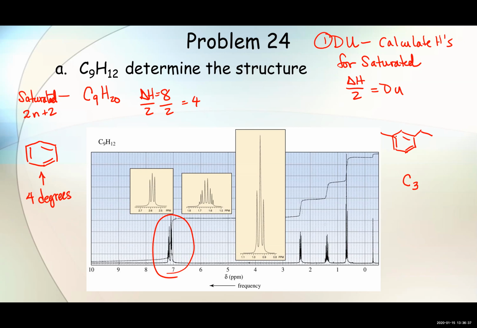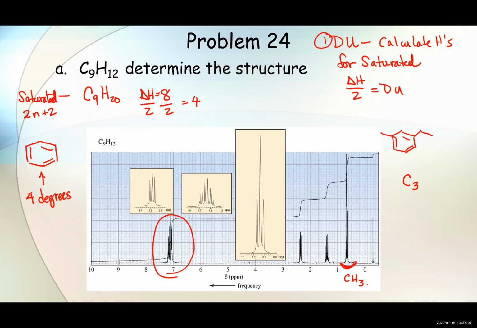So what do we think this one is? Well, isn't that one a doublet? Actually, that one's a triplet. Where on the spectrum is it? What's its range in parts per million? It's got to be a methyl group.